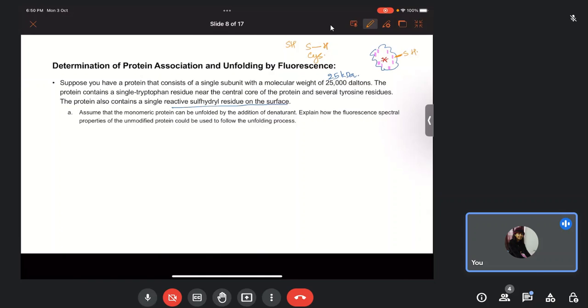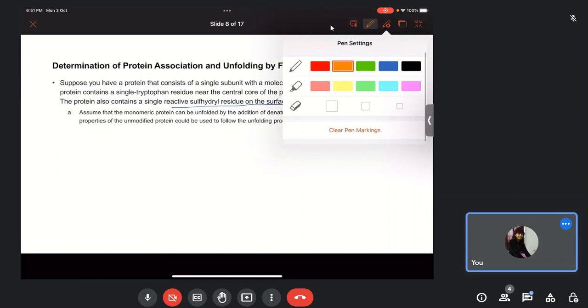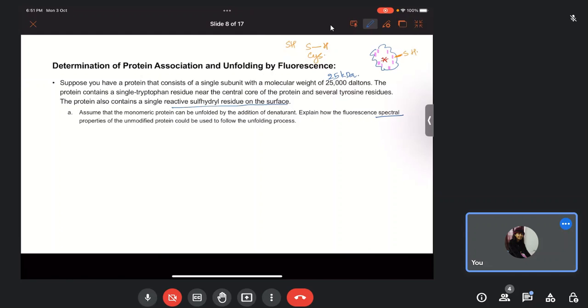Okay. So now we have to assume the monomeric protein can be unfolded by addition of a denaturant, and explain how the fluorescence spectral properties of the unmodified protein can be used to follow the unfolding process. So in this particular case, you have to use an unmodified protein, which means you are not supposed to tag the protein with any other fluorescent label.